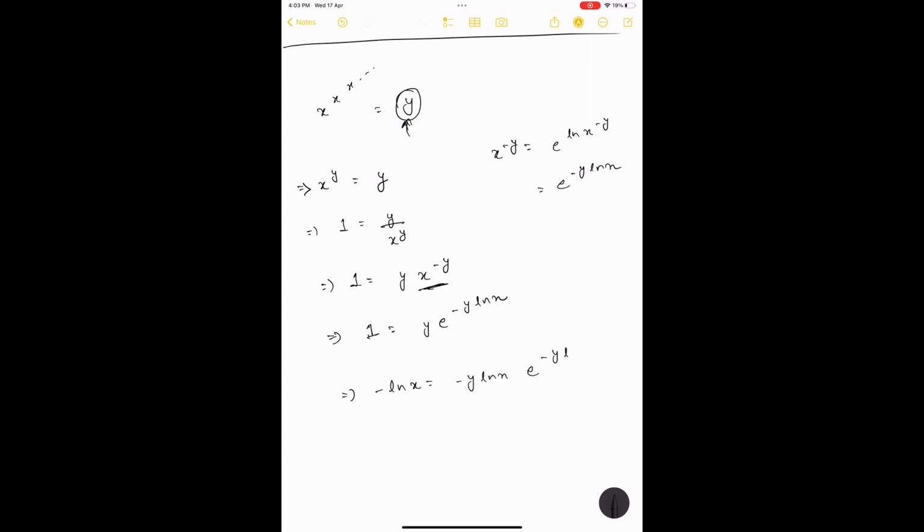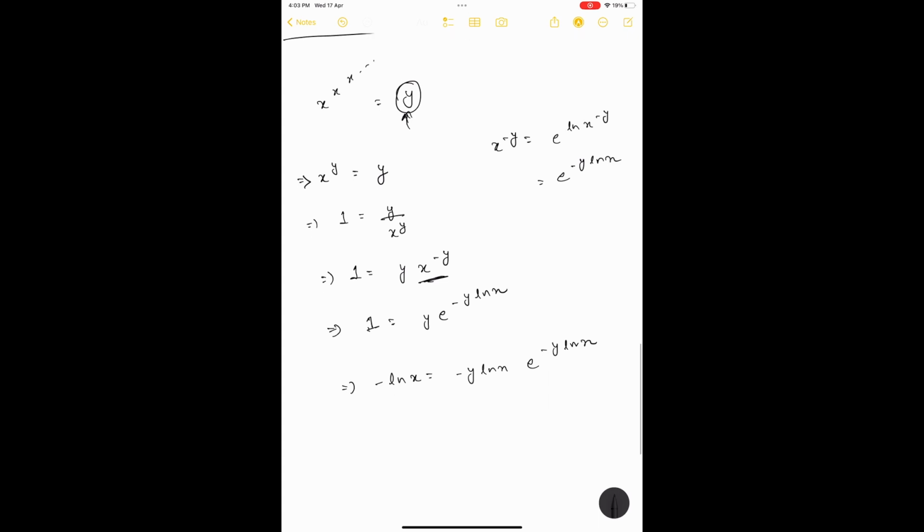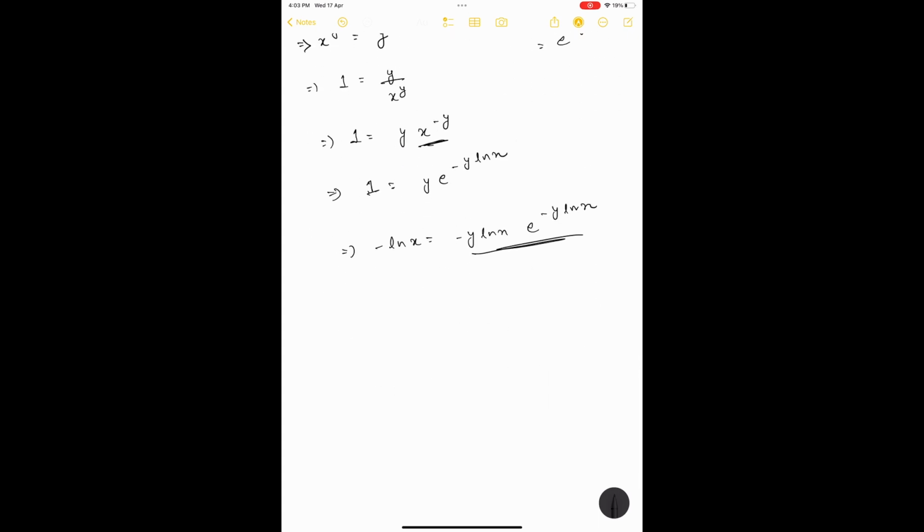So now we have the good input for the Lambert function. So taking the Lambert function on both sides, we have W of minus ln x equals W of minus y ln x e to the power minus y ln x. Okay, so now this we can write as W of ln 1 by x equals, this we can write as minus y ln x.